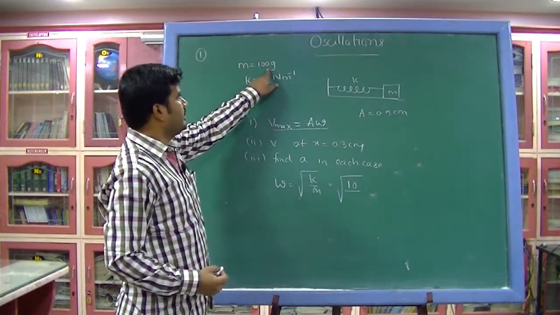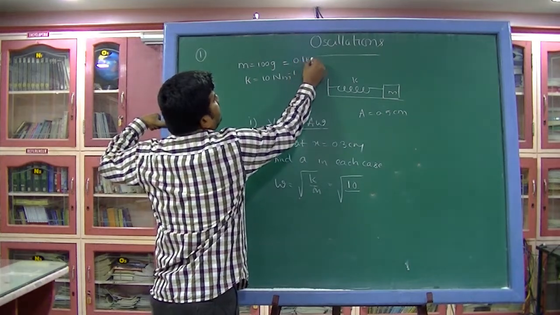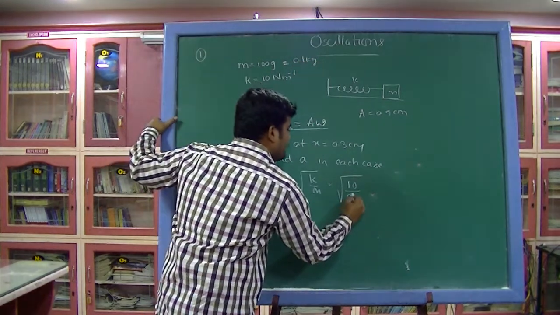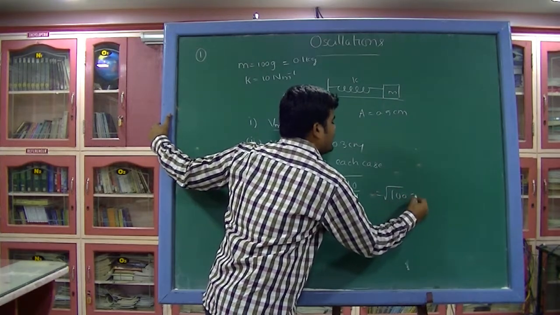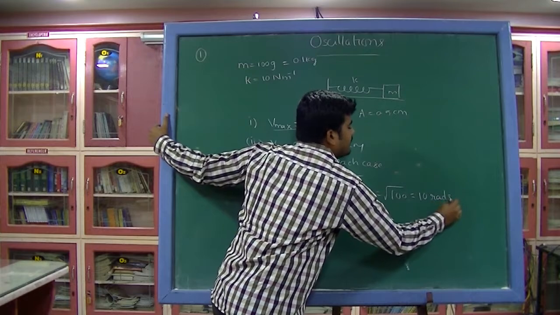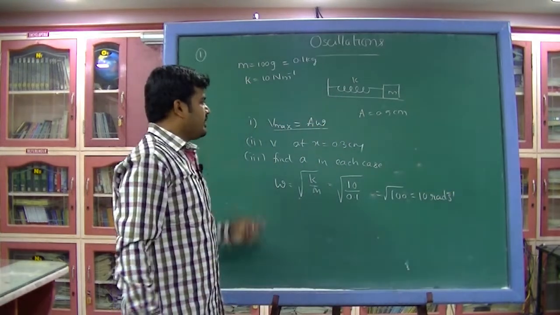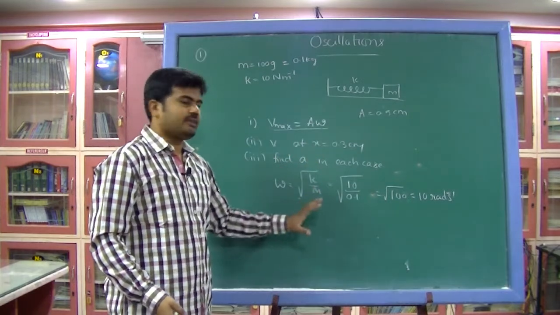The mass is given in grams, so here the mass in kgs will be 0.1 kg. Substituting 0.1, it will be root of 100, so omega will be 10 radian per second. Remember, while doing the problem, all physical quantities must be in SI units.